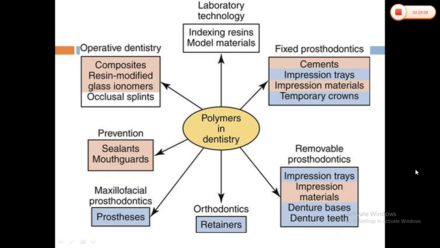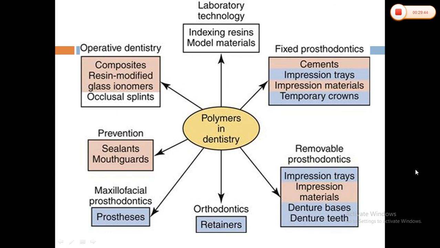For prevention, these polymers in various forms are used as sealants and also for mouth guards. In operative dentistry, used as composites, resin modified glass ionomers, occlusal splints, and finally for laboratory applications include indexing resins and model materials. So there is a wide variety of applications or uses of polymers in dentistry.